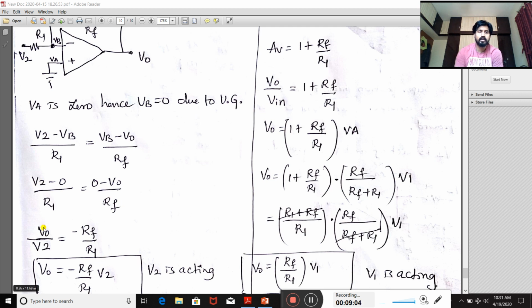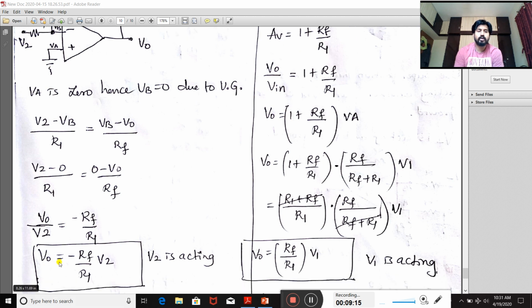Then V0 divided by V2 is equal to minus RF by R1. Take this V2 also to this side, then the output voltage equation is V0 is equal to minus RF divided by R1 into V2. So when V2 is acting, this is the output voltage we are going to get.